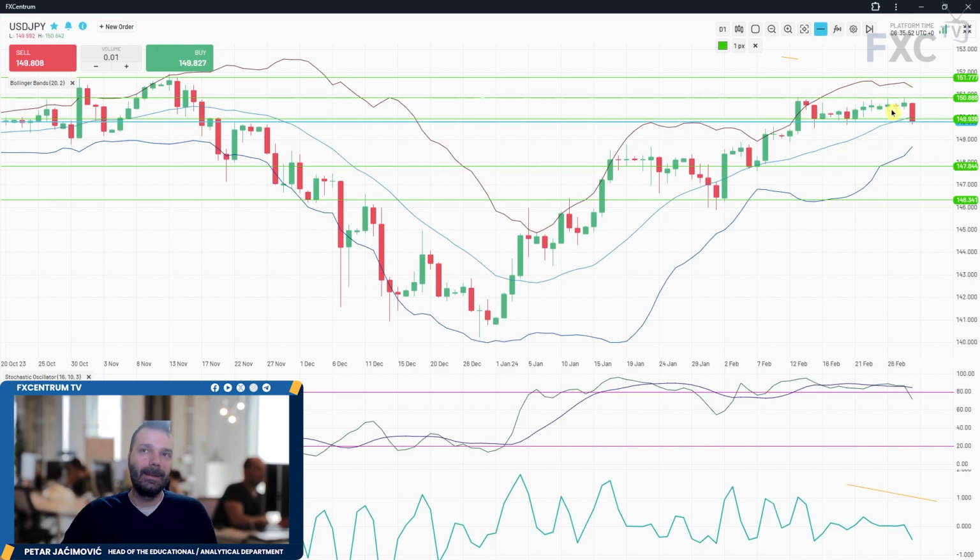I will speak more about this in a separate video where I will go into more detail about this trading idea on the yen. So far, again, breakout of the consolidation to the downside and the bearish divergence on our oscillators.